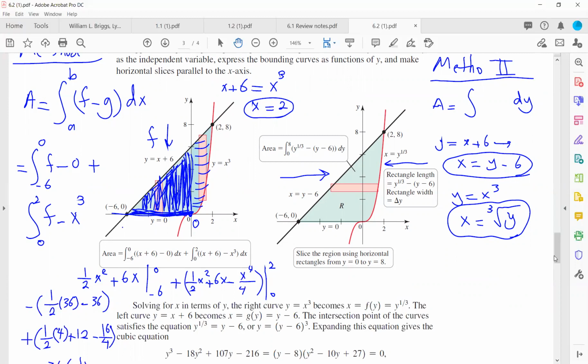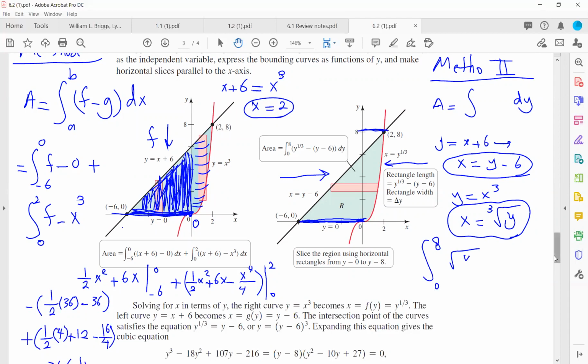You only have two functions to worry about, and your y ranges from 0 to 8. So you don't have to worry about anything. And you can either use absolute value or right function minus left function.